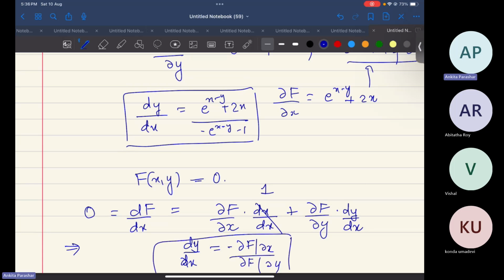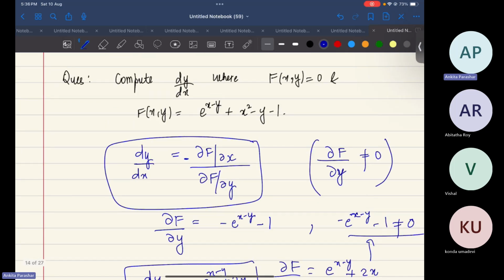So it is the application of the chain rule, and basically it says that without even writing y in terms of x, I can still compute dy/dx. This is something strange and very interesting to see.